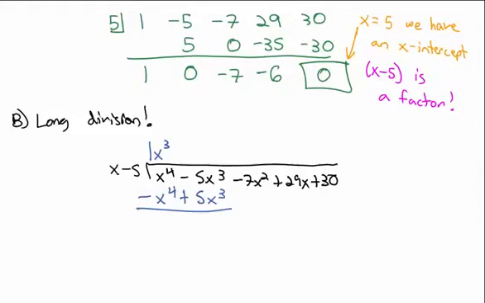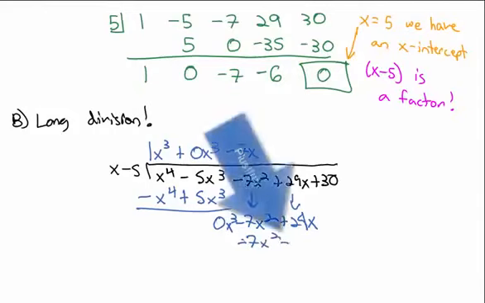Changing the signs so that we can combine, we get 0. Bring down negative 7x squared. x goes into 0x squared, 0 times. Multiplying by 0 is not going to do anything, so let's just move down the next term, plus 29x. x goes into negative 7x squared, negative 7x times. Multiplying out front, we got negative 7x squared minus 35x.